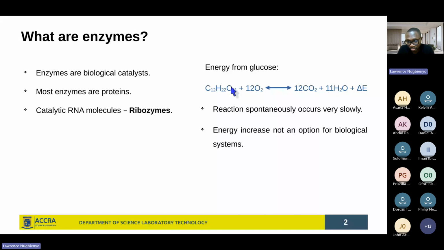The system will break down. So we cannot have increase in temperature as a way of increasing the rate of these biochemical reactions. So this is where the enzymes come in to do that.